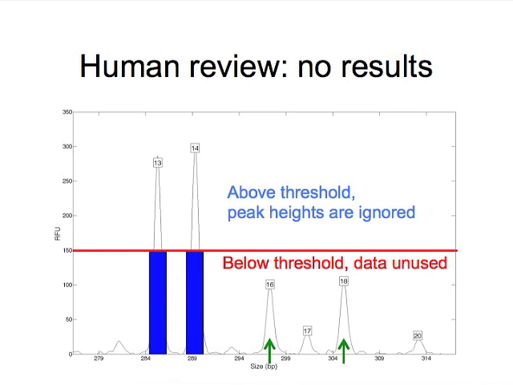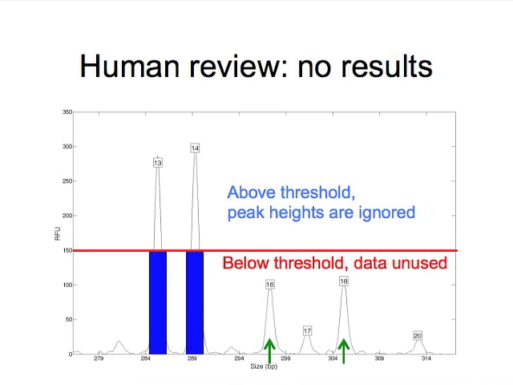So the peak heights aren't used. It's: are they present or absent? And any of the data that's below the line is used less or ignored, depending on the method. So if it turns out that there's a minor contributor with a genotype of 16, 18, shown with the green arrows, that data would not be available for inferring the genotype.